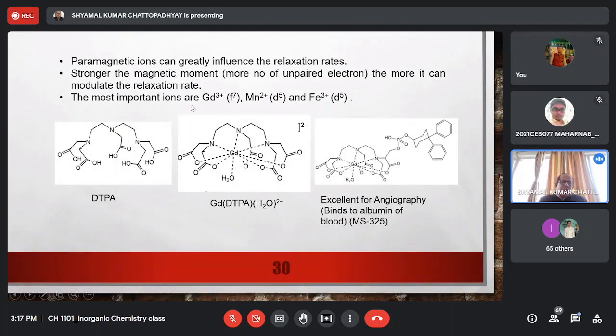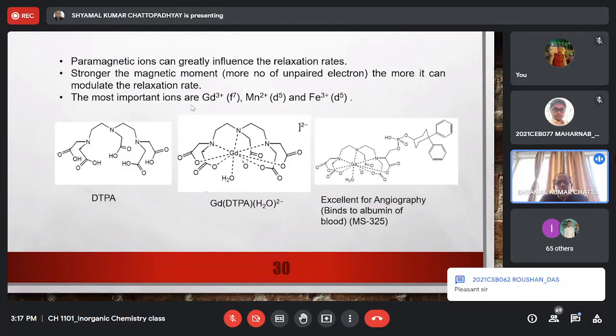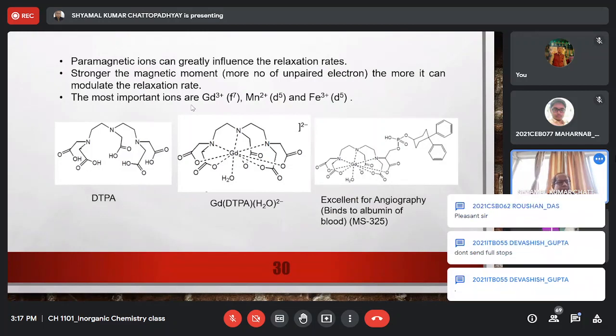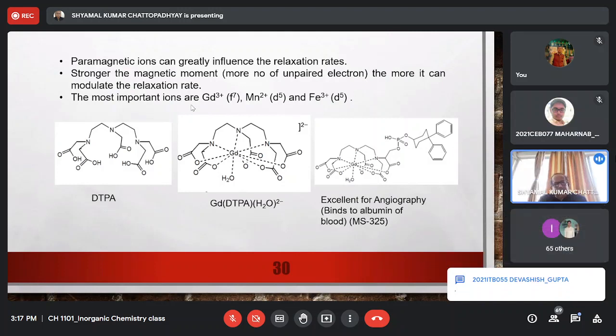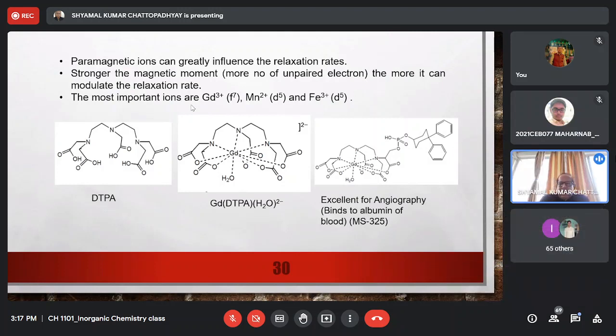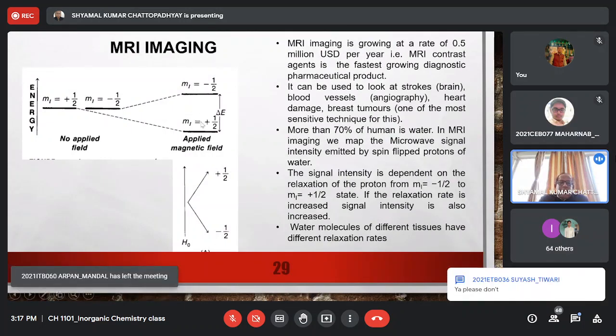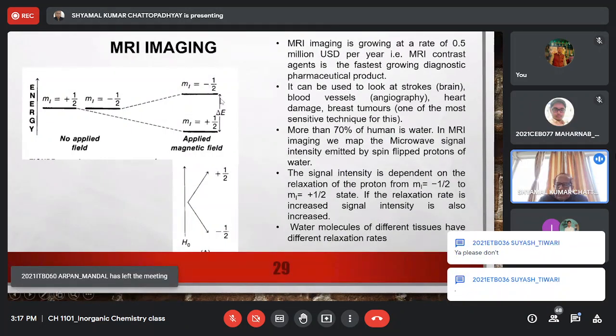If you choose metal ions which have a large number of unpaired electrons, then those unpaired electrons will again produce a magnetic field, right? And that magnetic field will interact with the magnetic field here, and it will facilitate relaxation.